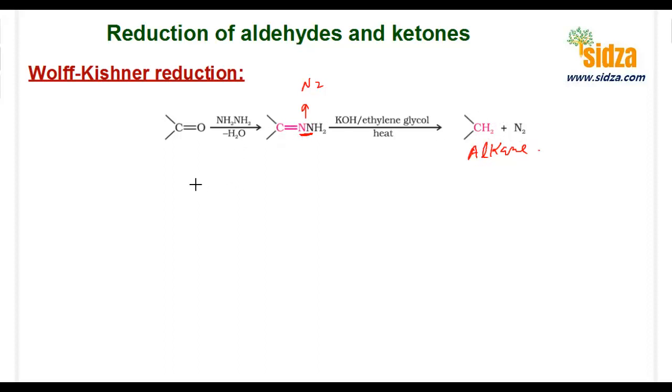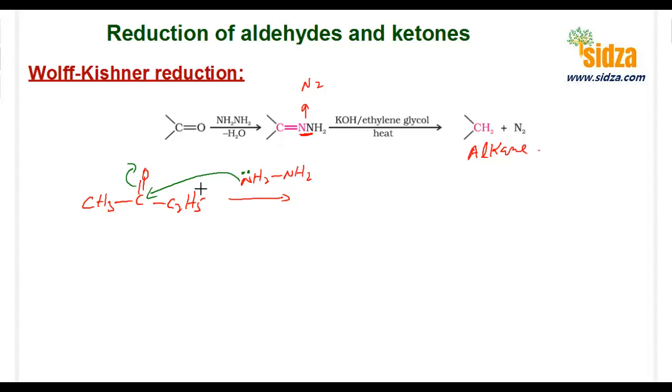Let's take an example: CH3 C double bond O C2H5, a ketone. React it with hydrazine, NH2 single bond NH2. As we have learned previously in the nucleophilic addition reactions of aldehydes and ketones with hydrazine, the nucleophile first attacks the carbonyl carbon, the oxygen shifts, and one of the hydrogens from the NH2 goes to the oxygen, forming the addition product.